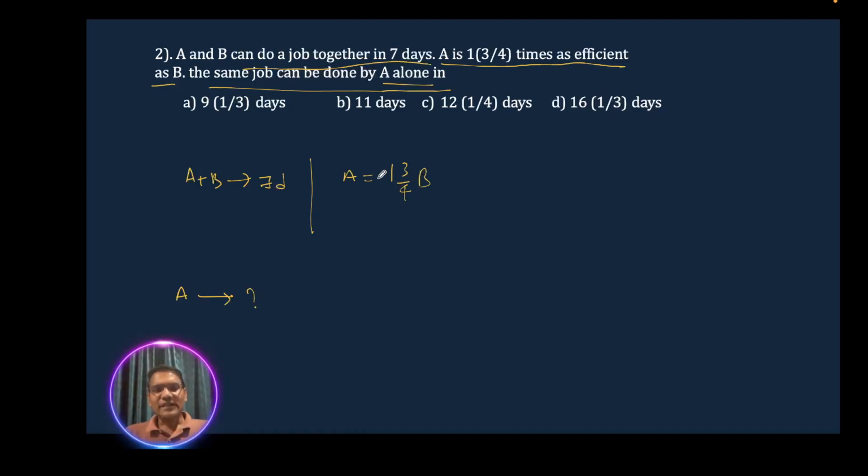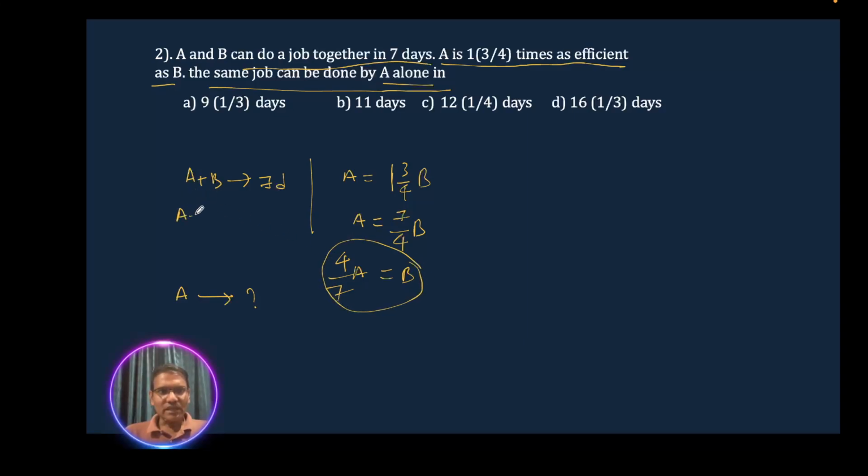Now try to understand. Here we take that A is 1 3 by 4 times as efficient as B. So 1 into 4 plus 3, that is 7 by 4 times as efficient as B. Now B in terms of A is 4 by 7 of A. Substitute this B value here.